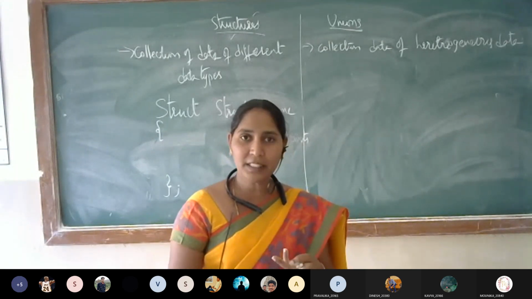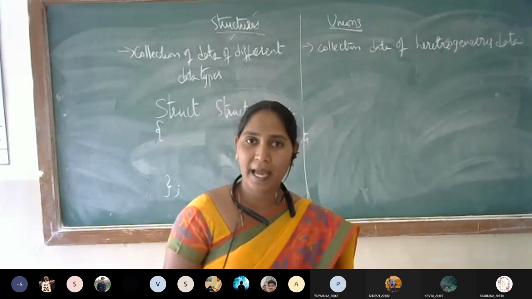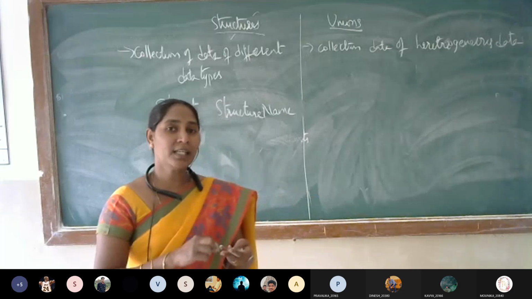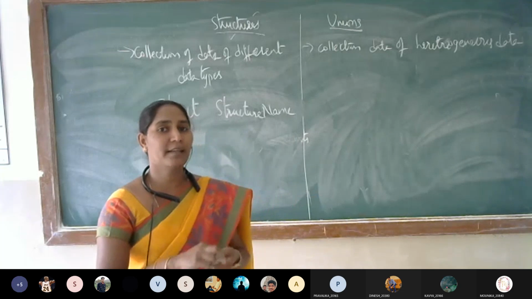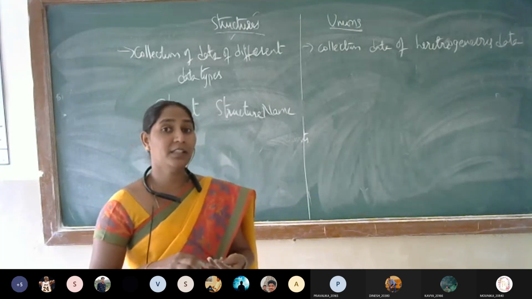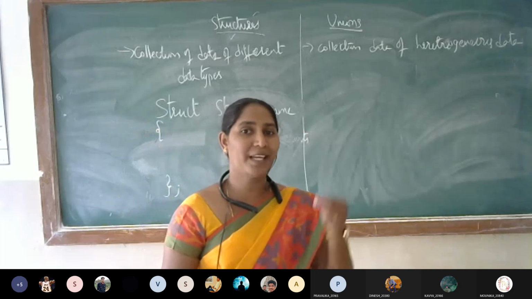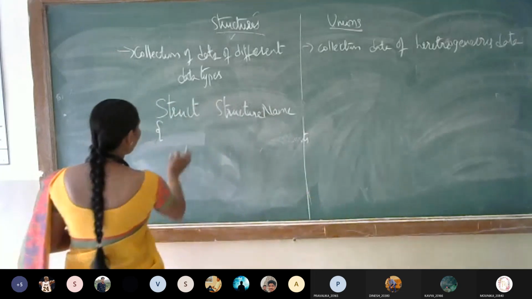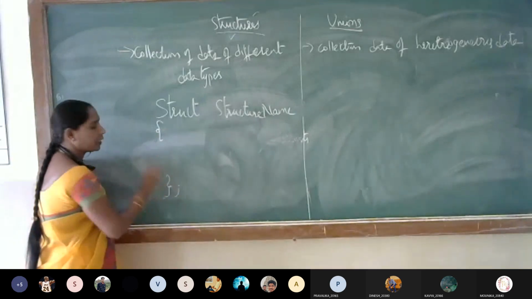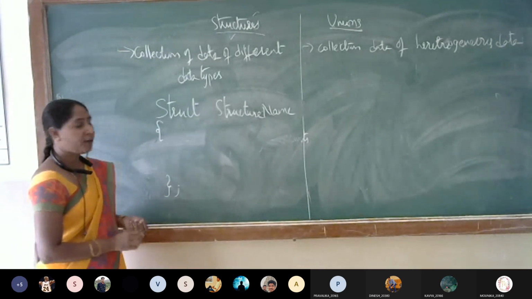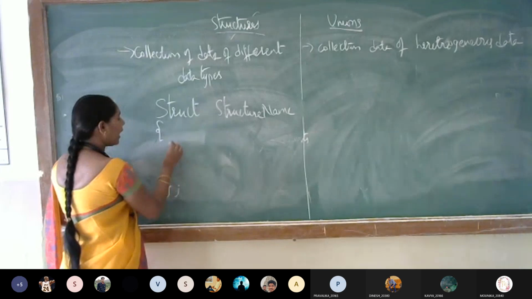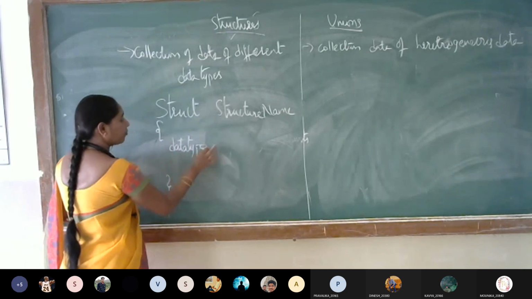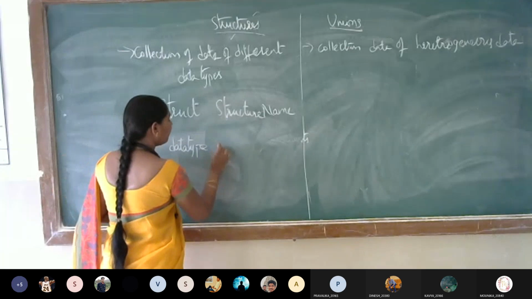ID will be of type int, name will be of type char, and marks will be of type float. So I am using a collection of data of different data types, collecting heterogeneous data and placing it in one structure. Those members should be specified between the opening and closing flower braces. So the first one is data type, then member name, member 1.